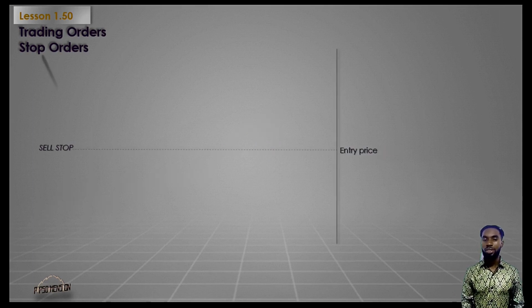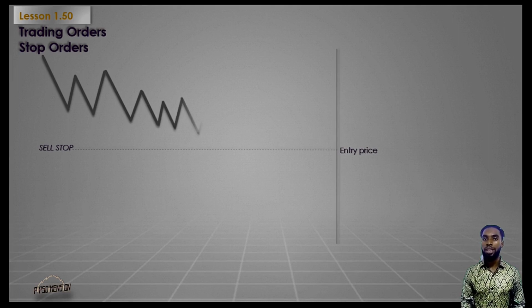On the other hand, use the sell stop order option when you want to set your entry at a price that is below the current market price, and then you wait for the price to move down and hit your entry and continue downwards for you to make profit.